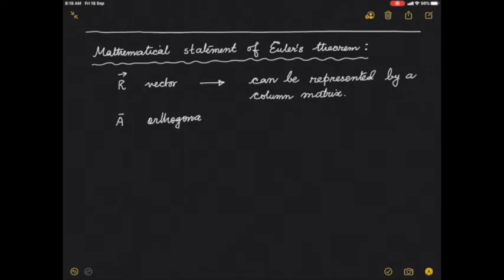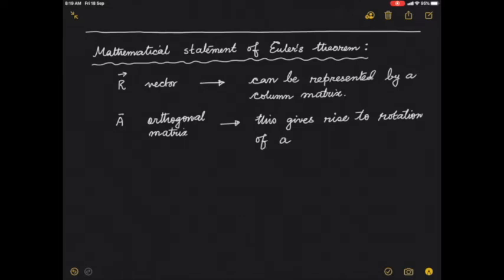A is an orthogonal matrix. So I know that this gives rise to rotation. This we have seen in a couple of lectures ago.